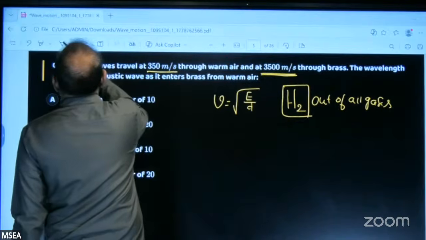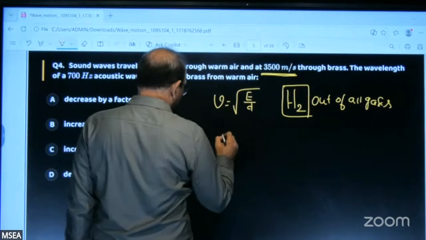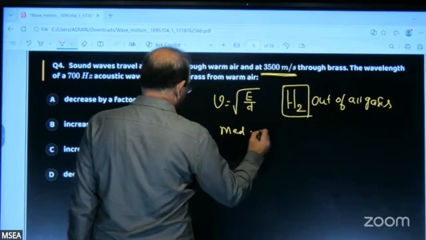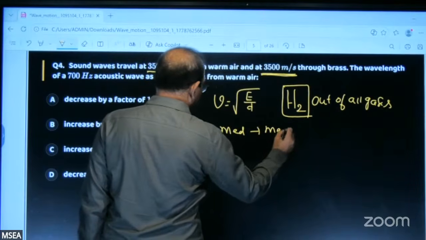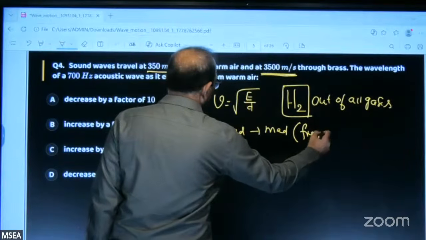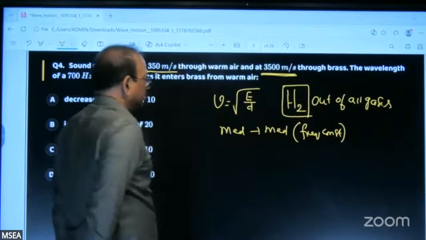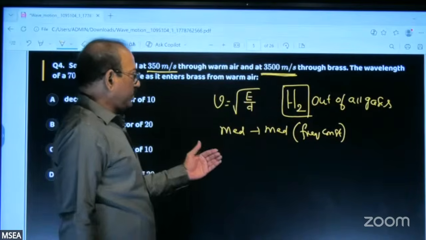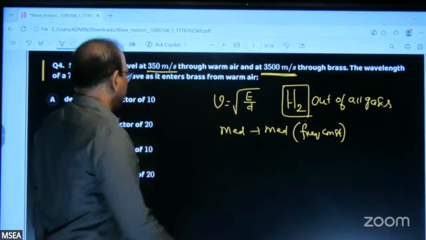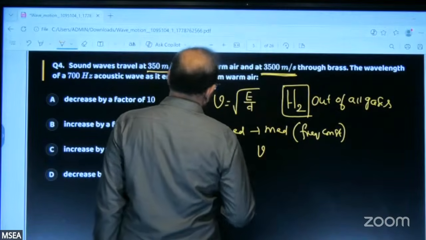Whenever a wave travels from one medium to another medium, the frequency of the wave remains constant. You know this. Velocity changes, wavelength changes. If velocity increases, wavelength increases.